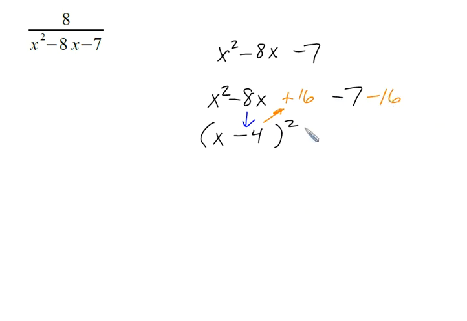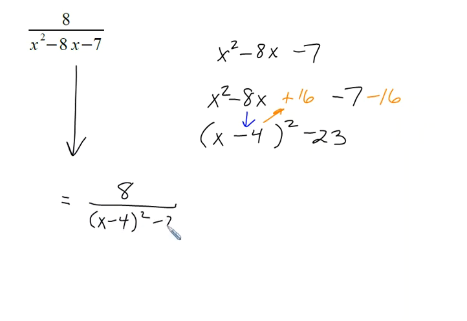Negative 7 minus 16 would be a negative 23. So here's the completed the square form, and our answer to this item would be 8 over the quantity x minus 4 squared minus 23.